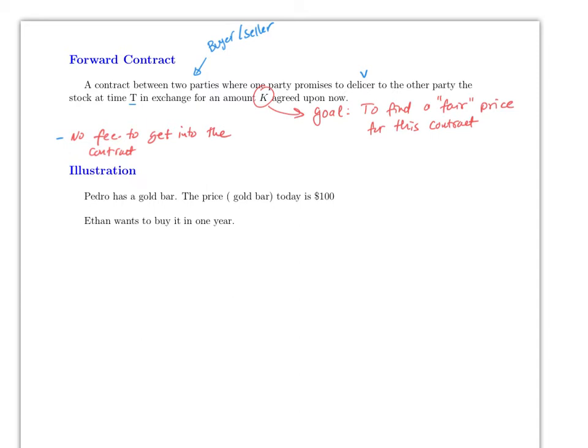The question is, what should be the price now, so that in 1 year Pedro will give the gold bar to Ethan, and Ethan will pay that money, which will be K. So Pedro is the seller, and he holds the short position. You need to be careful with this terminology. And Ethan is the buyer, so he holds the long position.